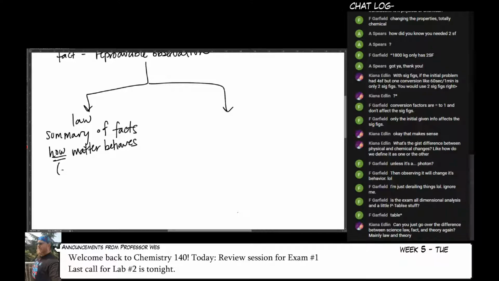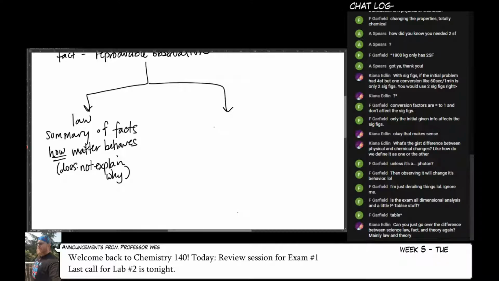But a scientific law does not explain why. So an example of a scientific law would be objects fall down when dropped. Now it doesn't tell you why, it just says that they do.